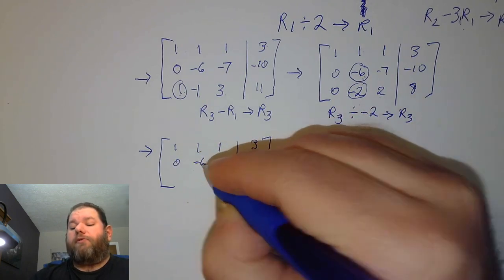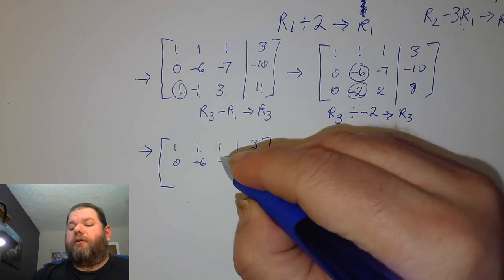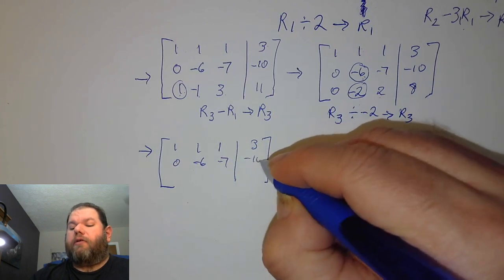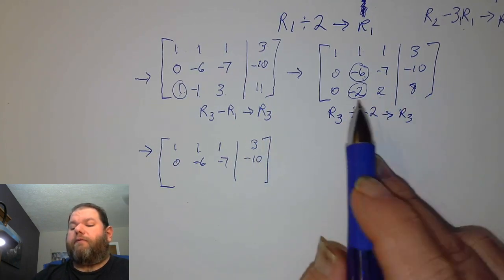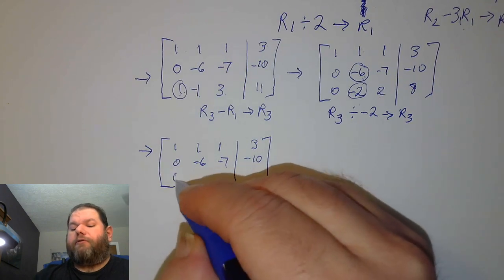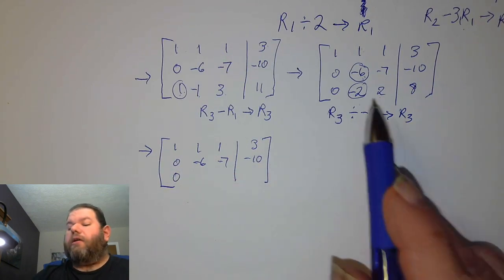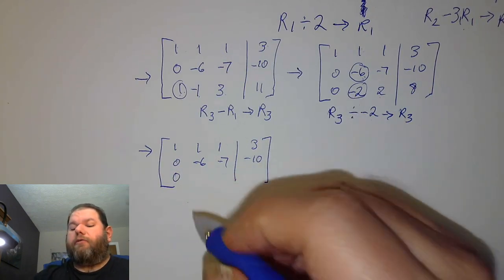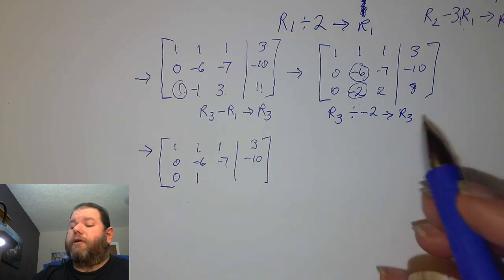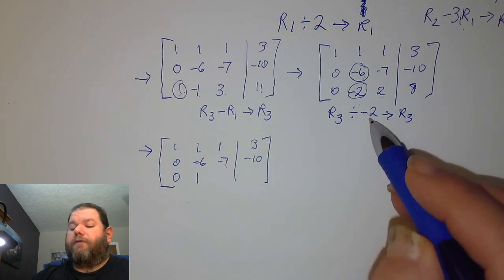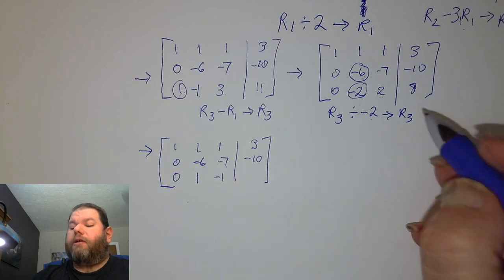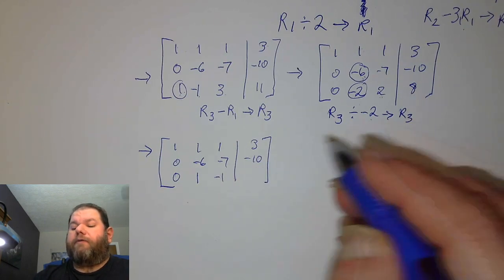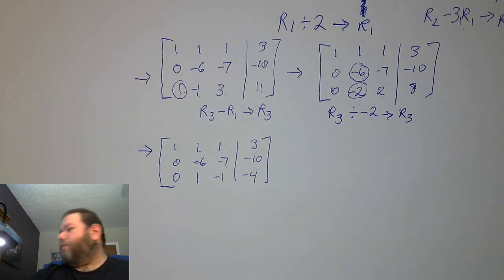So let's divide 0 by negative 2, which is 0. Negative 2 divided by negative 2 gives us the 1 that we wanted. 2 divided by negative 2 is negative 1. And 8 divided by negative 2 is negative 4.